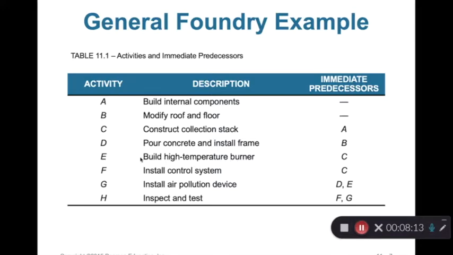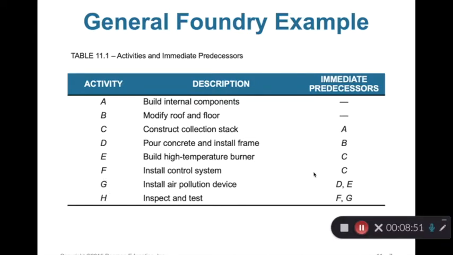So you can see E has an immediate predecessor, C. In other words, we have to complete activity C and then we can start activity E. And similarly for F, we have to complete activity C and then we can start activity F. But G is a little bit different. So you have to complete activity D and activity E, and then you can start activity G.